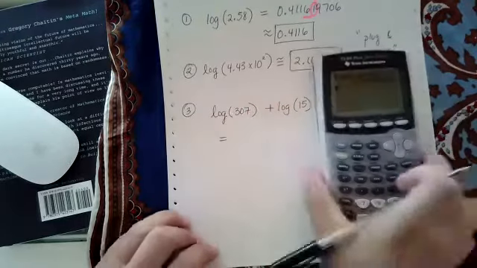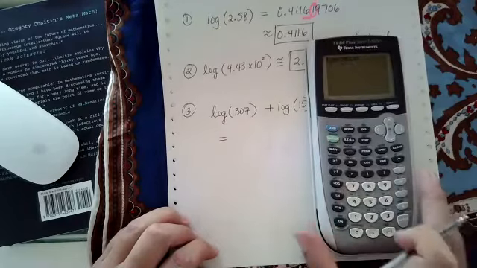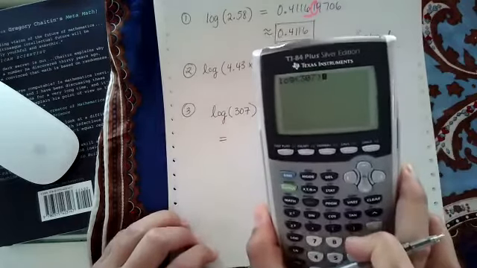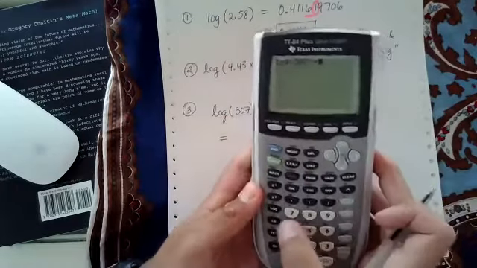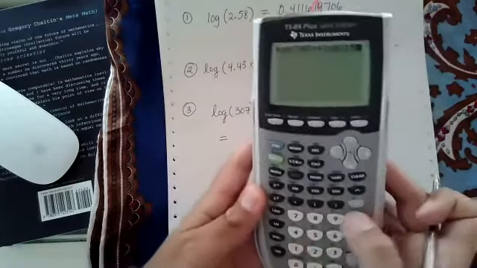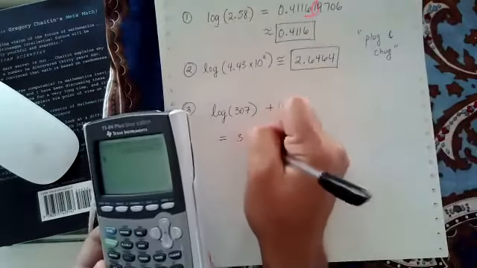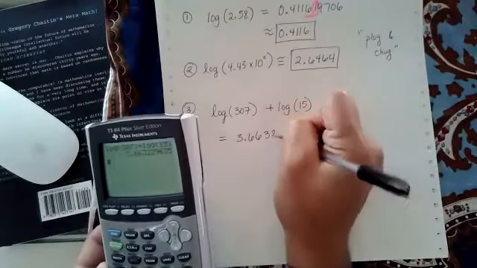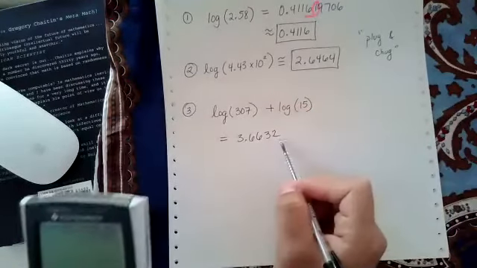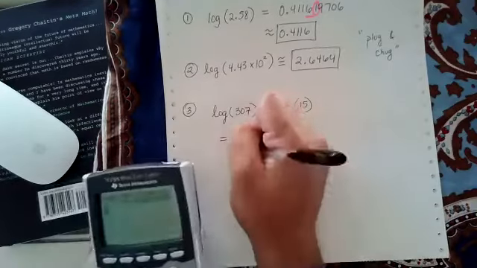So if we did that, and just throw it in the calculator, log 307, close the parentheses. So you want to be very careful to close the parentheses there before you add log of 15, because we should be getting 3.663. I guess we can add the fourth decimal place there. And that should be our answer.